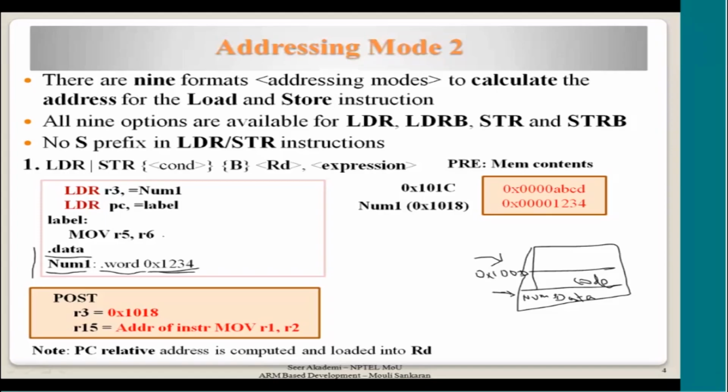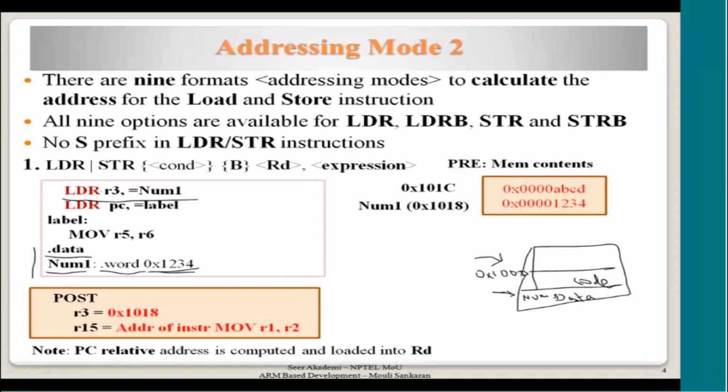Now assume that it has loaded it in some location and you don't know the address. Internally in your program you want to use that address for operating on it. So the instruction provided for that purpose is LDR R3, =num1. So effectively the address at which num1 is located is loaded into R3.